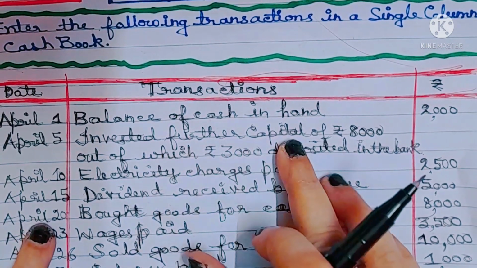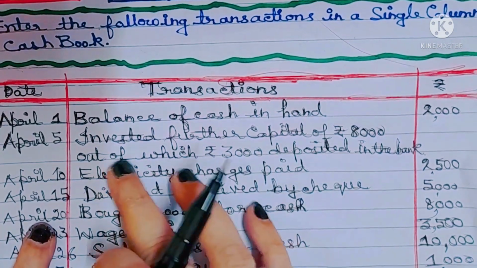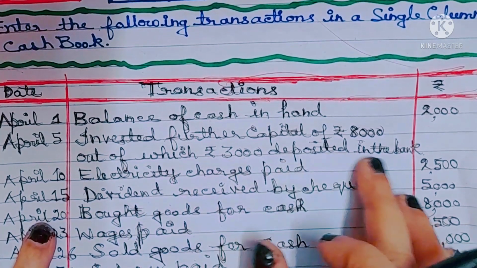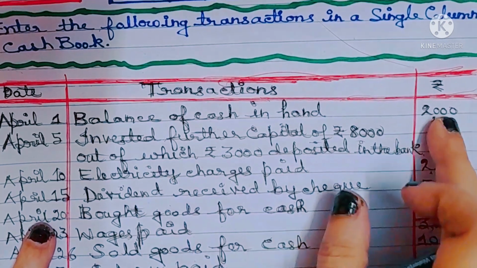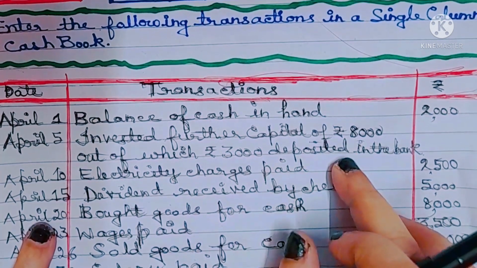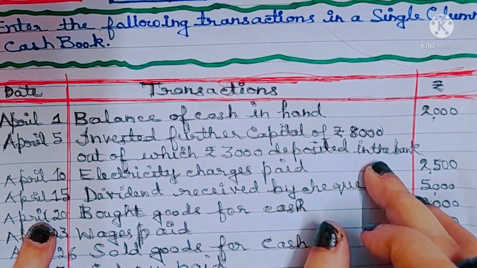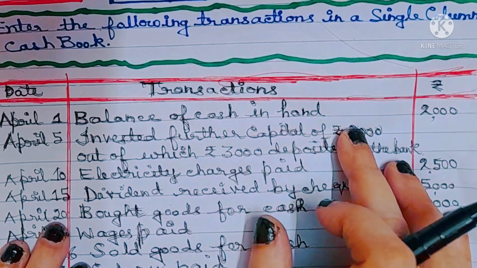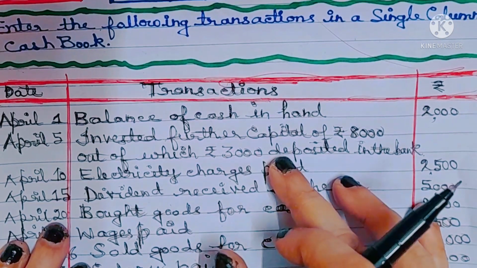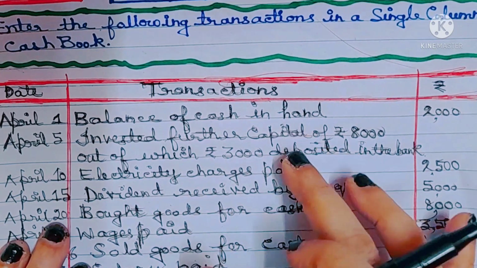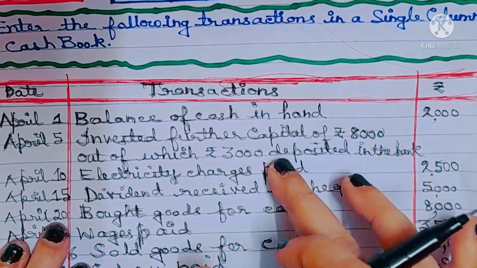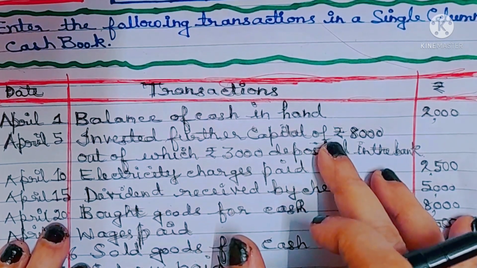Now, invested further capital 8000, out of which 3000 deposited in the bank. How much deposited in the bank? 3000. Out of 8000, 3000 deposited in the bank. That means 3000 from the 8000 has been deposited into bank. Then how much is cash? 8000 minus 3000, 5000 is cash.